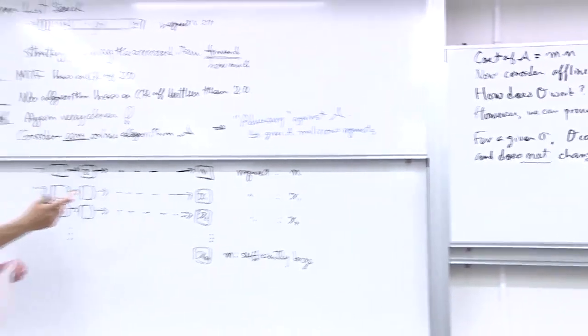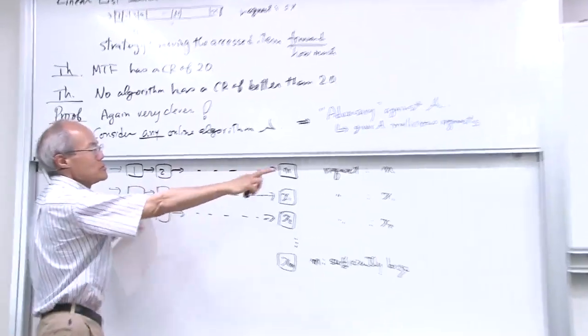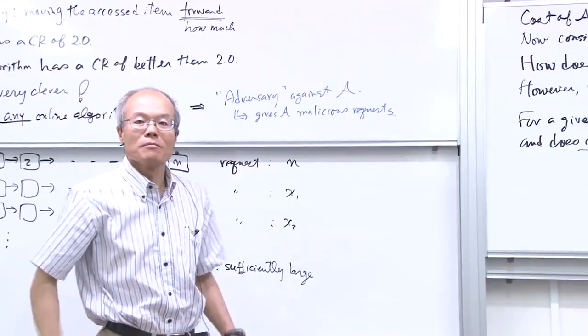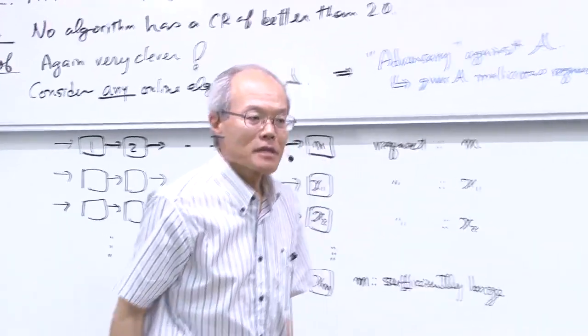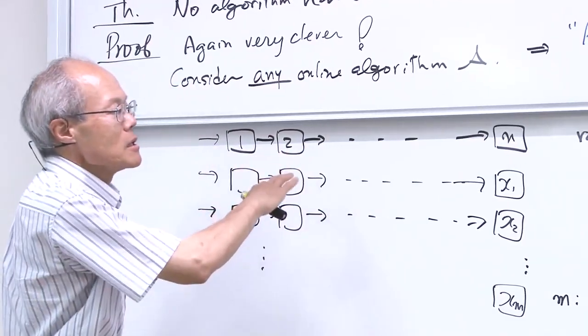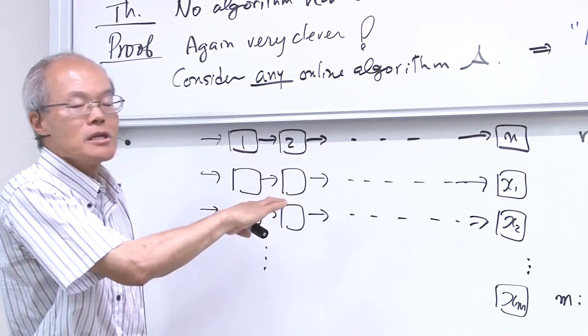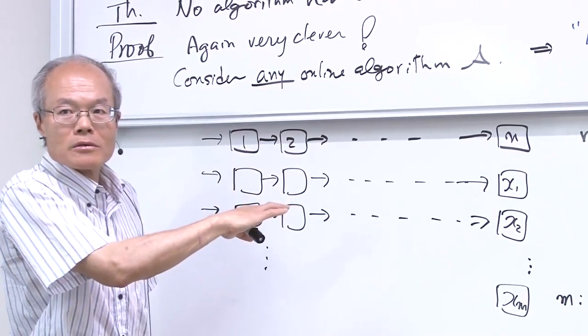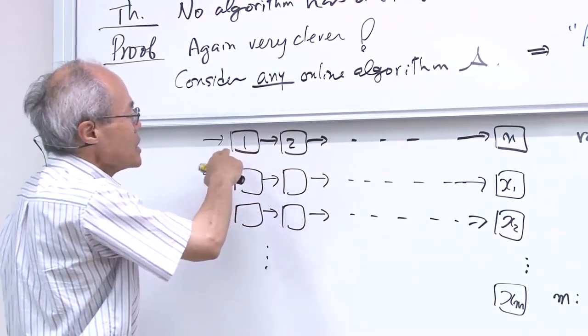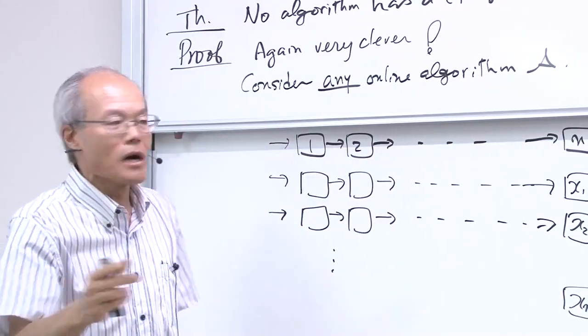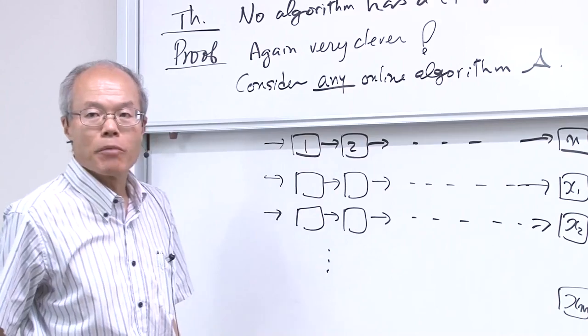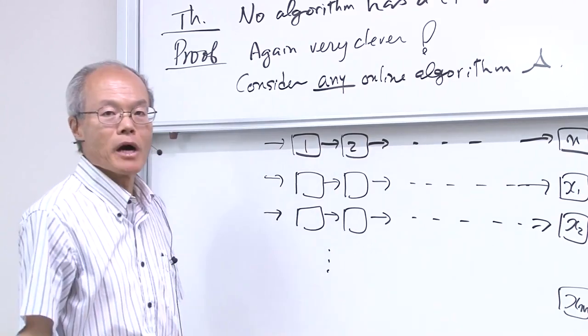Then it changes the list to permutation pi, and after that it doesn't change it at all. So at the beginning, it changes the sequence to the best permutation pi.